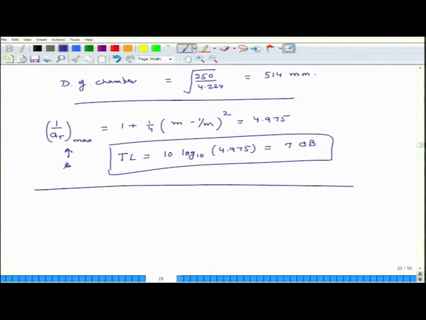So, what we have done so far is we have explained how to design a single chamber expansion muffler, and the area of mufflers is a very wide field.